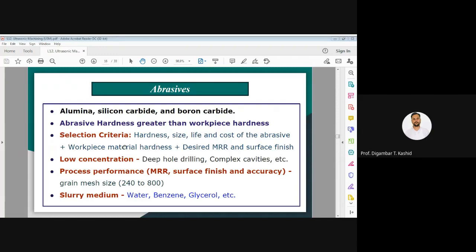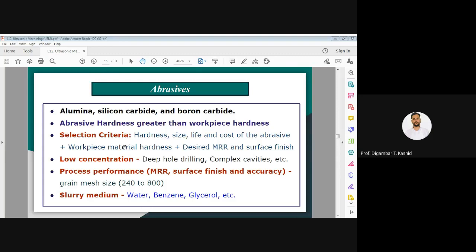Again, the selection criteria: how to select the abrasive. While selecting the abrasives, the following points should be taken care of, such as hardness, size of abrasive, life of the abrasive, and the cost of abrasives. Then, what is the workpiece material hardness?